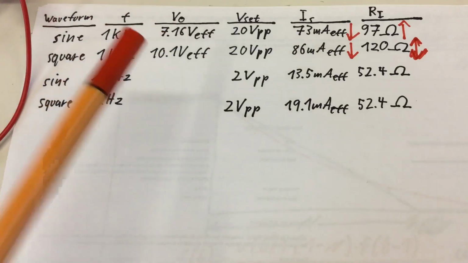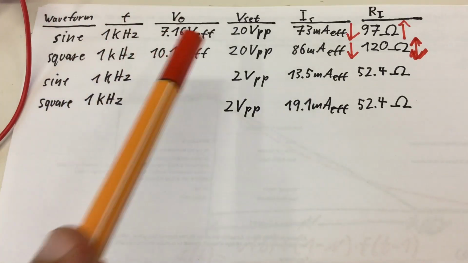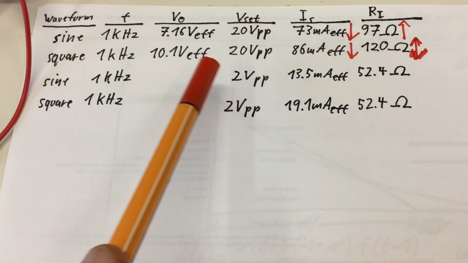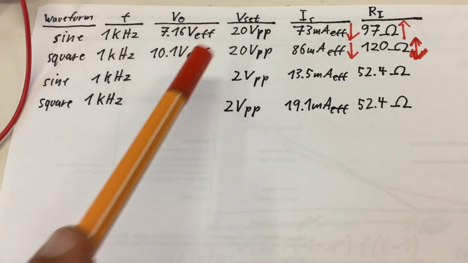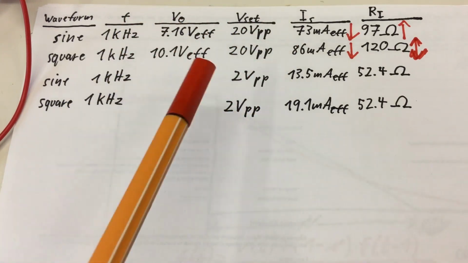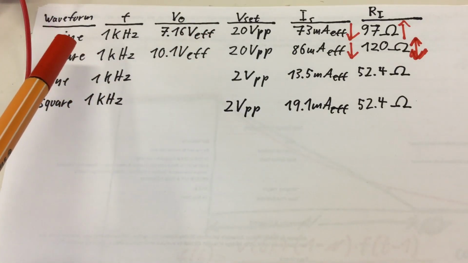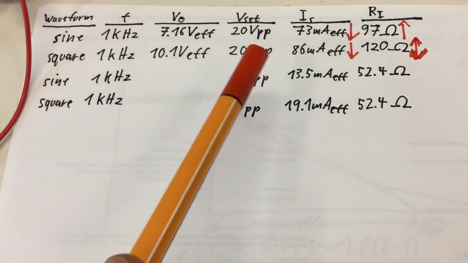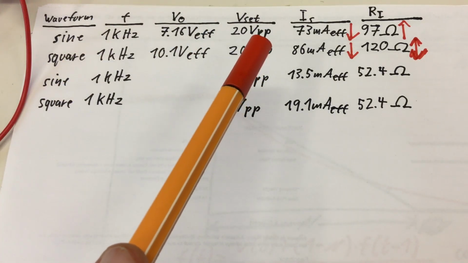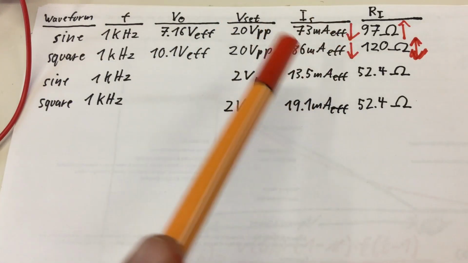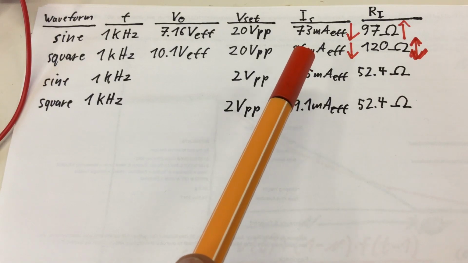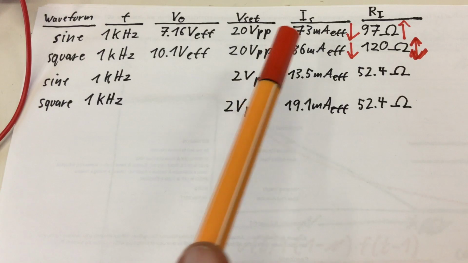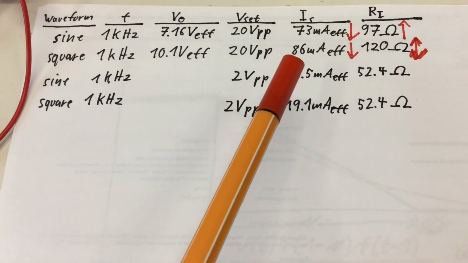Okay. If we have a look at the numbers so far for our set output voltage of 20 volts peak to peak, our output voltage without load for square wave and sine wave in volts effective was absolutely okay. Things got a little bit troublesome when we short circuit the unit to measure the short circuit current. And we talked about that.